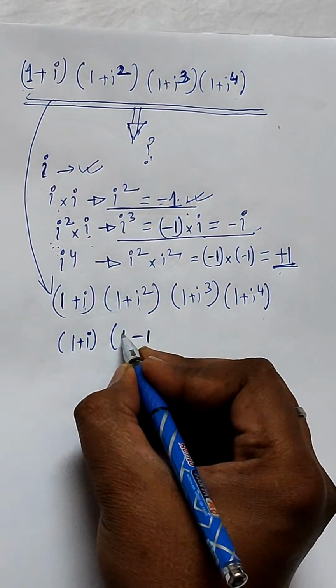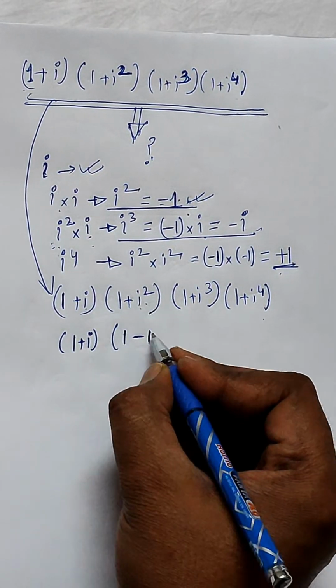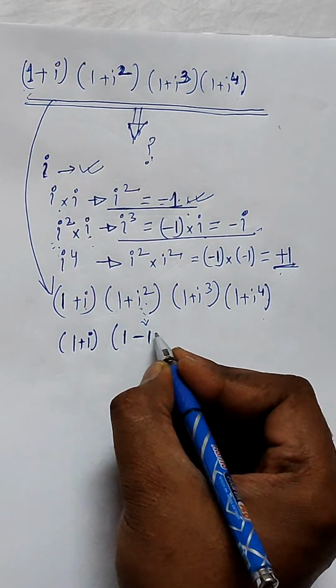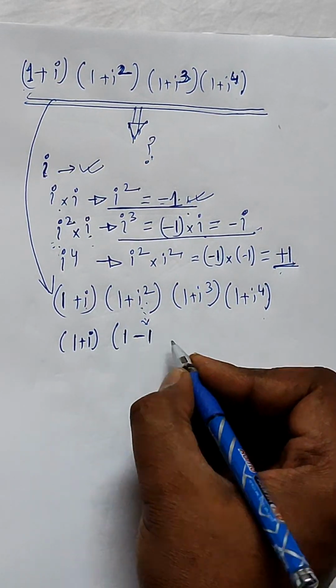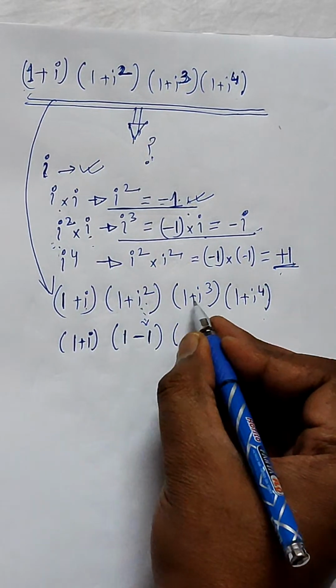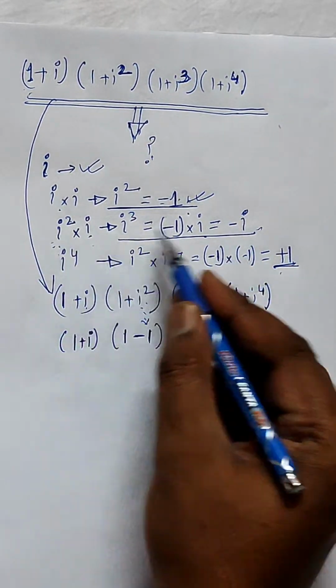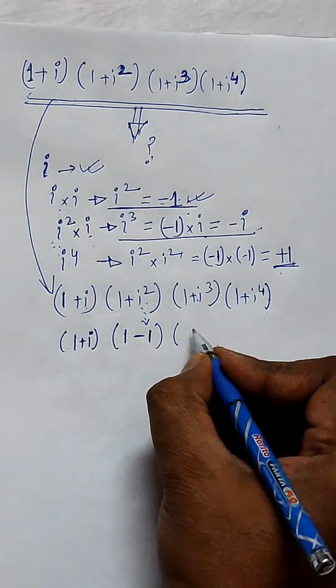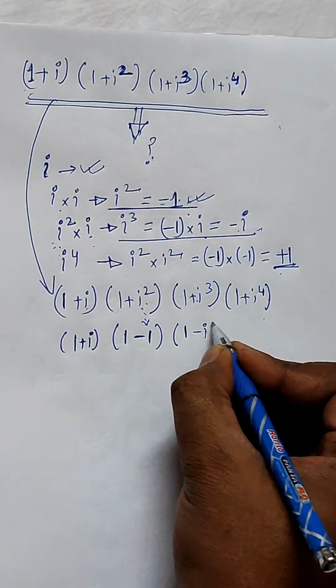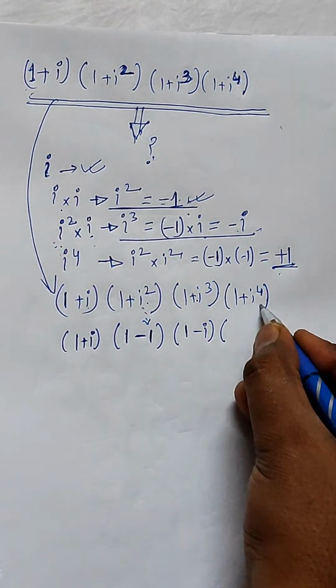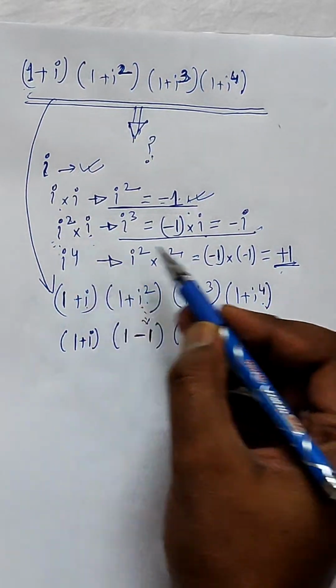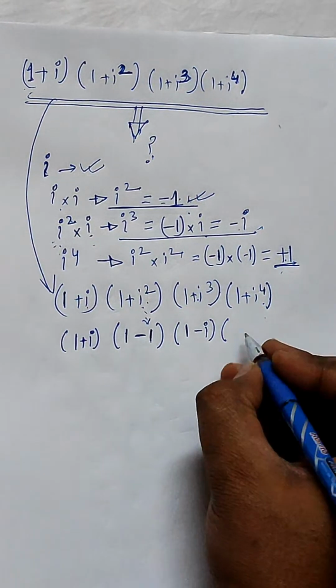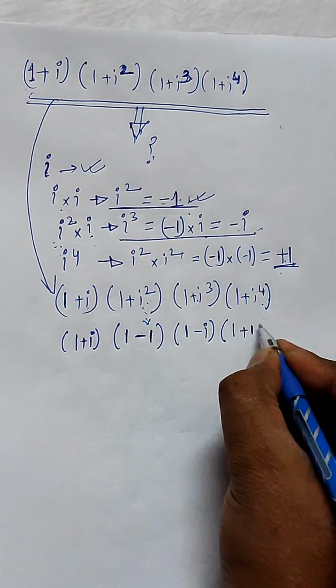And 1 plus I cube will give you, I cube is minus I, so this will be 1 minus I. And 1 plus I to the power 4, I to the power 4 is 1, so this will be 1 plus 1.